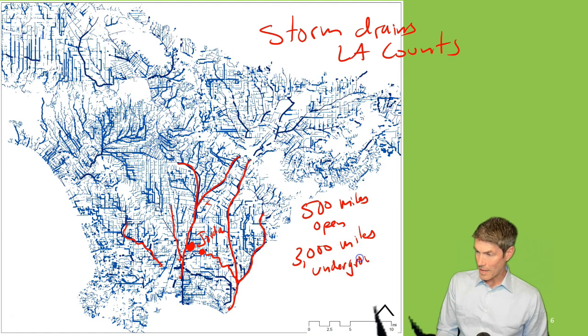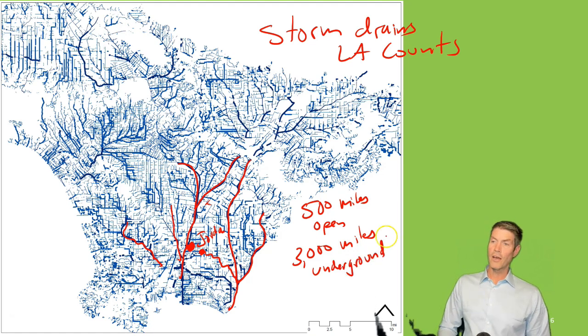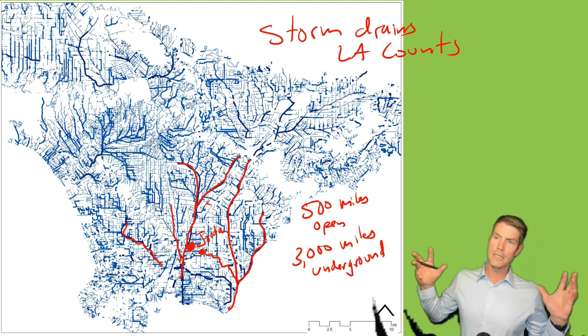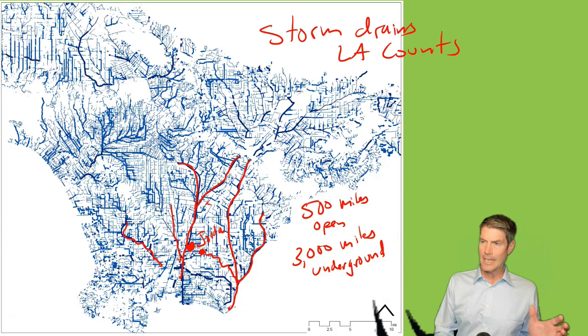Now, that's important to make sure it doesn't flood, but think about it. These are all areas that are collecting things. So this is a good example of just showing how difficult non-point pollution can be.